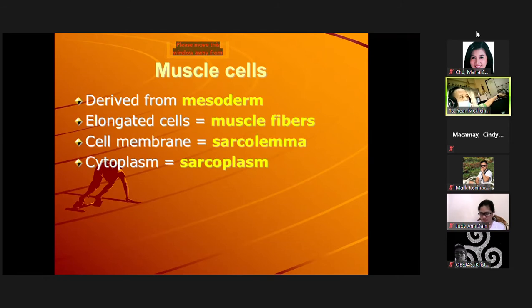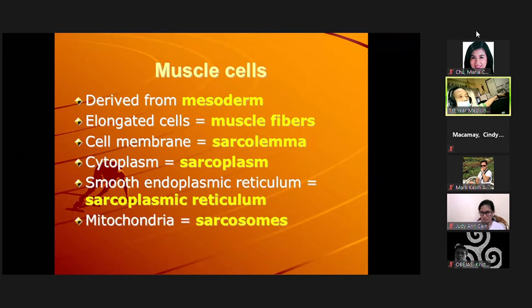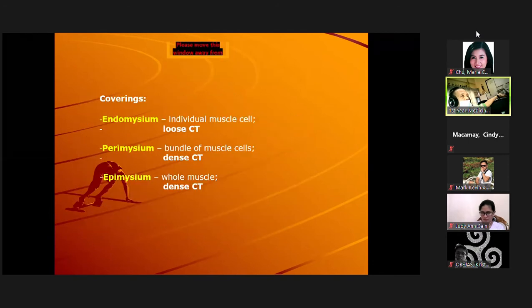Cytoplasm, it is sarcoplasm in muscle cells. Smooth endoplasmic reticulum, it is sarcoplasmic reticulum now. Mitochondria, it will be now sarcosomes. And then you have all these related all to the muscle. It's not correct to use cell membrane when you can make use of the sarcolemma in the muscle. It has its name, okay?